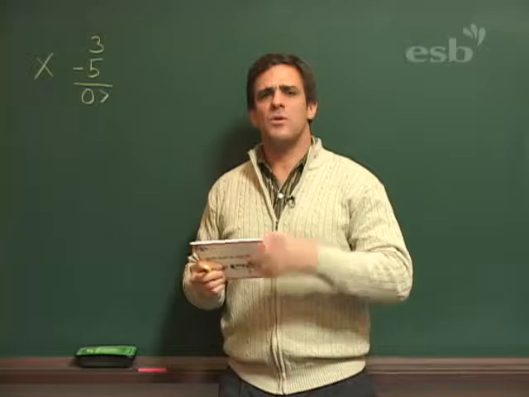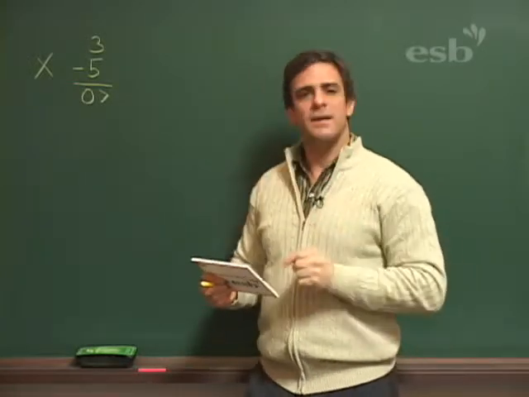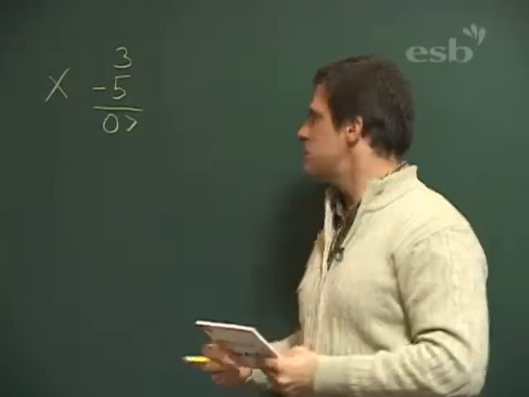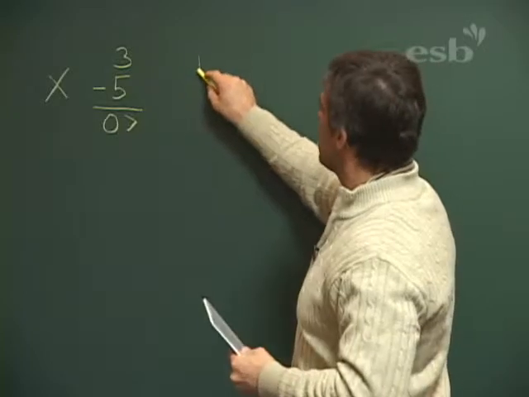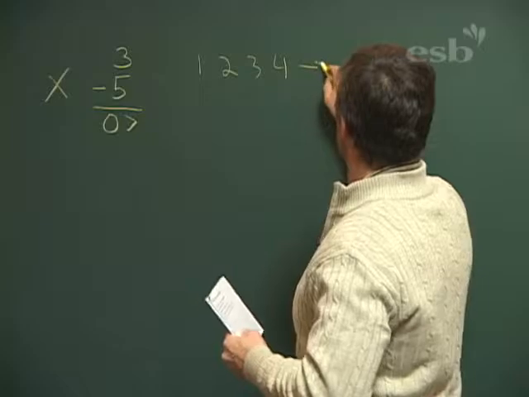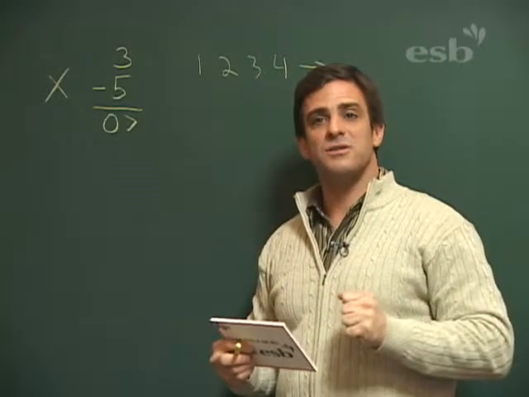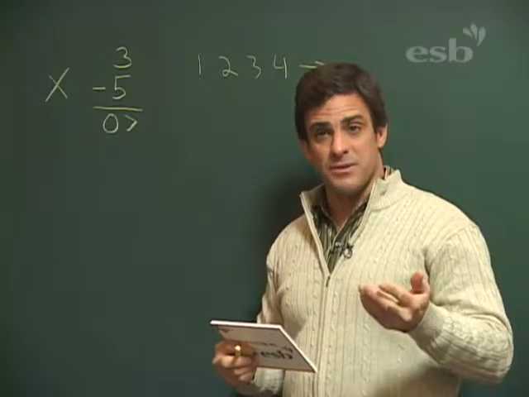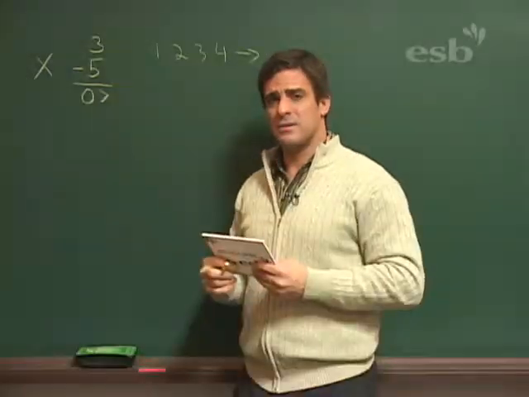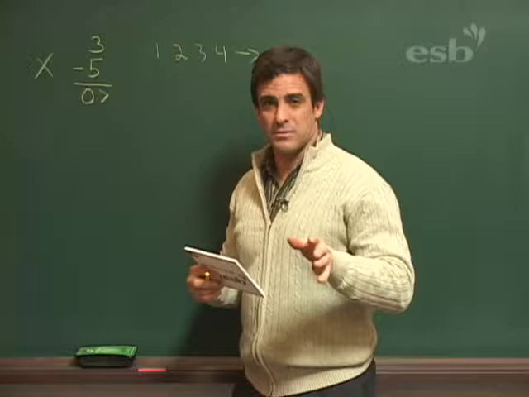Good. Now, again, the reason is there's a rule in natural numbers. What are natural numbers? Numbers more than 0. 1, 2, 3, 4, and so on. Natural numbers. Numbers less than 0 are not natural numbers.